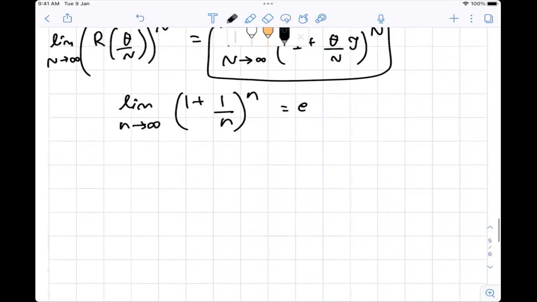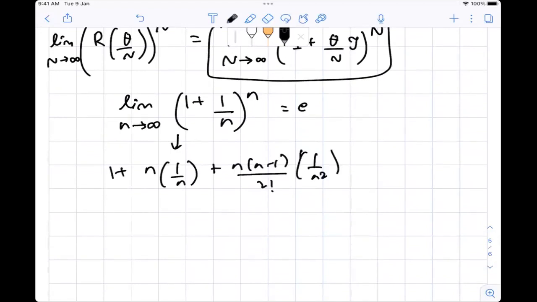Because n goes to infinity, this is a very small number, so you can use the binomial expansion. Then you will write it as 1 plus n into 1 over n plus n into n minus 1 over n square over 2 factorial plus n into n minus 1 into n minus 2 over n cube over 3 factorial and so on.